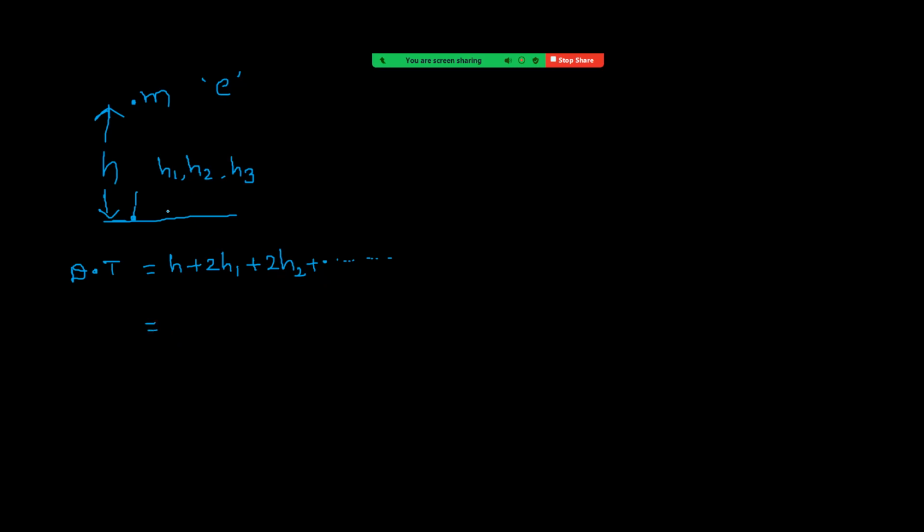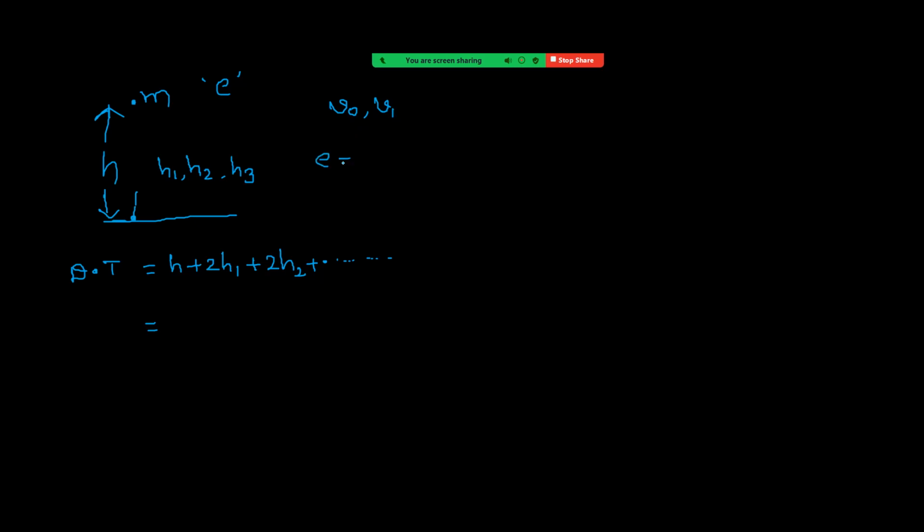Coming to here, just before the first collision, take velocity as v naught. Just after the first collision, take velocity as v1. Okay. Then see the relation between these two.